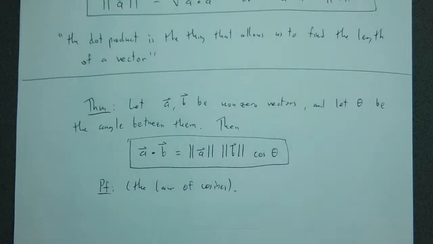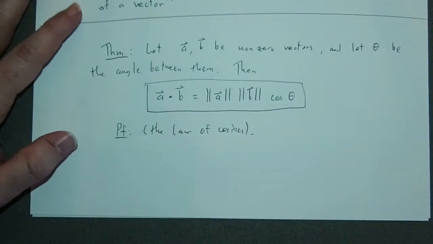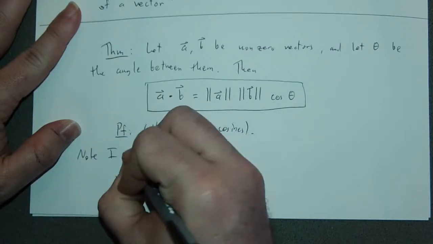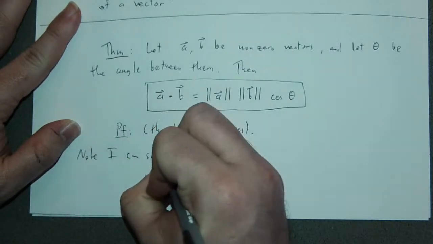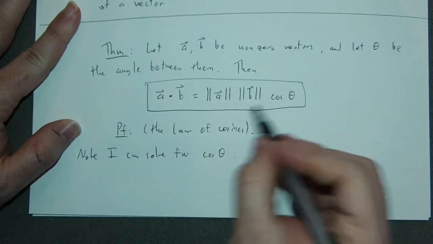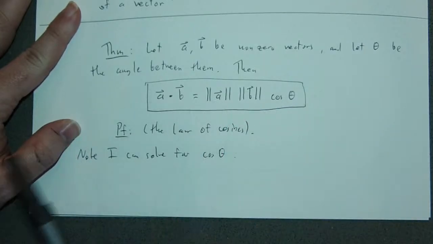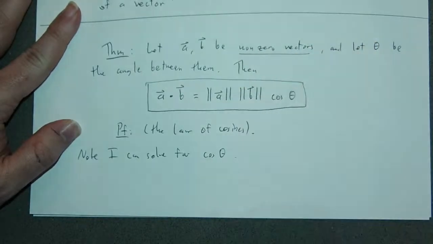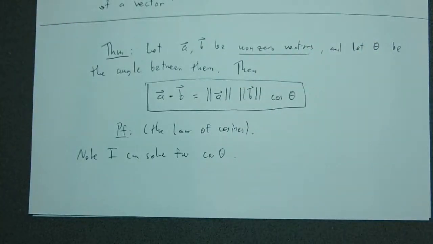Now, using this, note I can solve for cosine of theta. Solving for cosine of theta, I just divide by these lengths. I can divide by those lengths because these are non-zero vectors. Since they're non-zero vectors, their lengths are not 0.